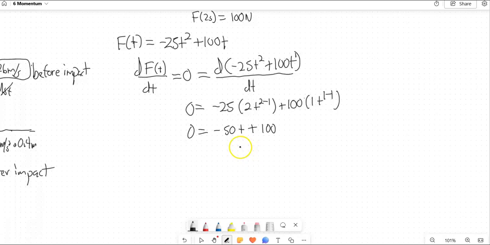If we do it this way, we take that 50t and add it to the other side, and that sets us equal to 100. So this tells us that when the slope is 0, that occurs at t equal to 2 seconds.